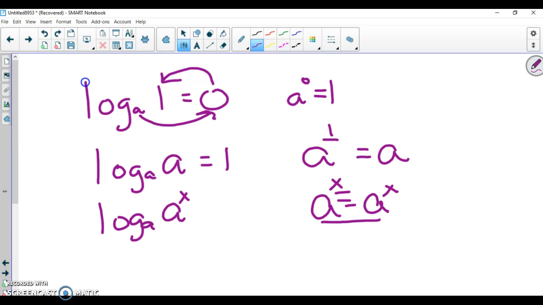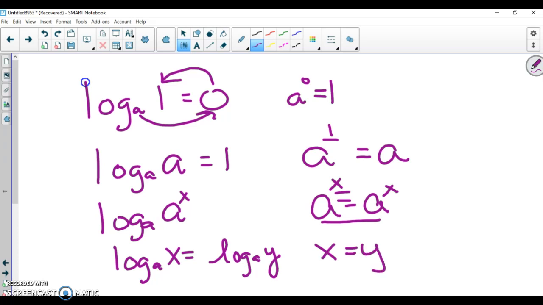Of course, it is x. And that second part we will go over later. And then part 4, it says if log base A of x is equal to log base A of y, then x has to equal y. And that should make perfect sense.